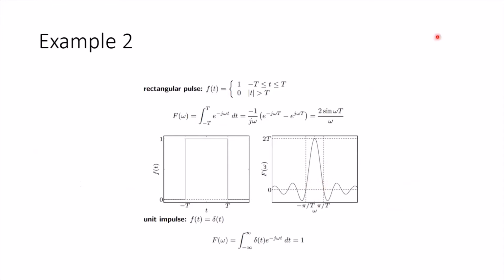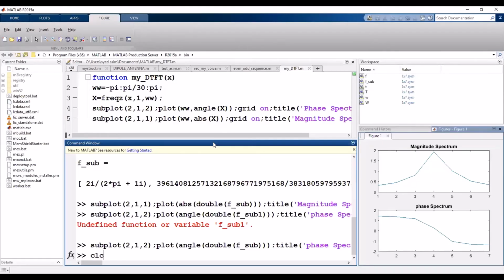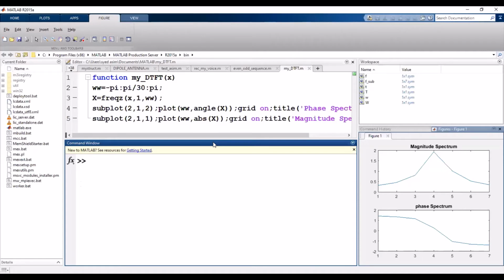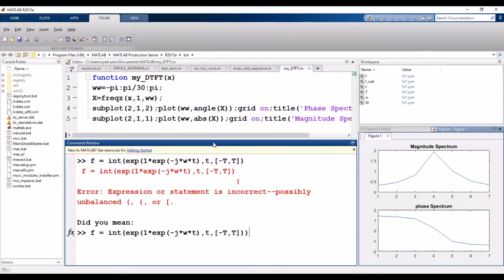So again, we try to solve it in MATLAB with clc and again f. Now in this case, we have x of t equal to 1 times exp of minus j omega t, from minus capital T to T.